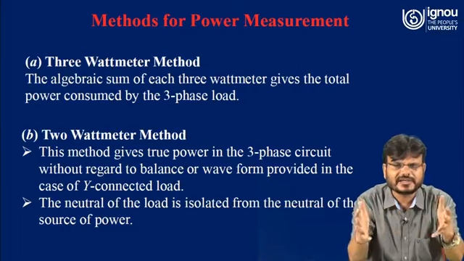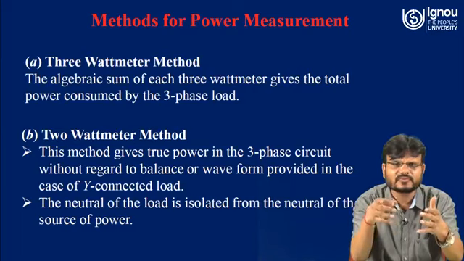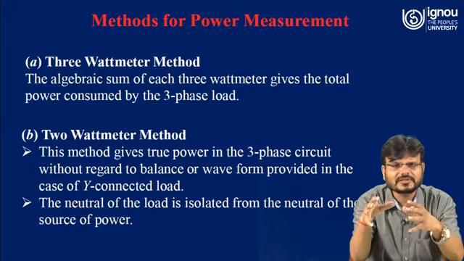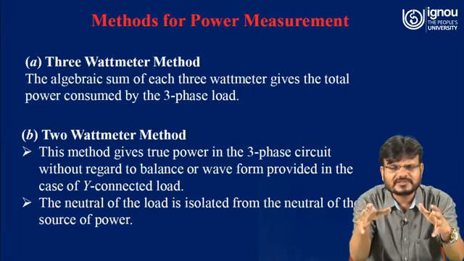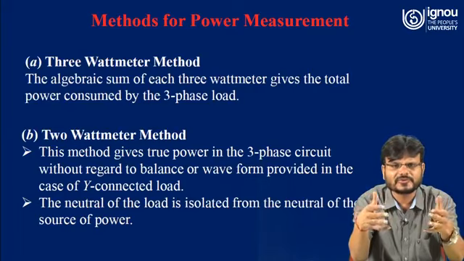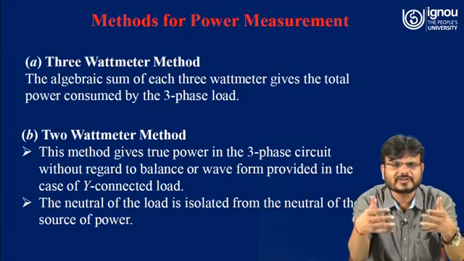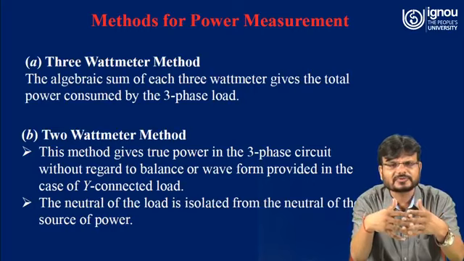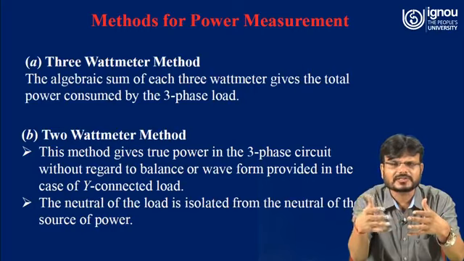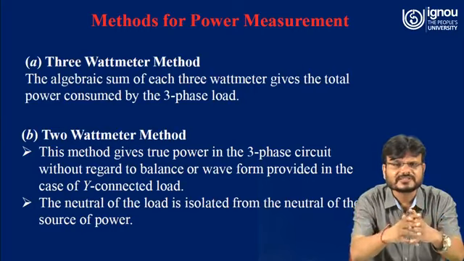There are 3 wires, R, Y and B. You put an individual wattmeter in each phase with respect to the neutral, and you measure the reading of all 3 meters and add them. The algebraic sum of the readings of these 3 wattmeters will give you the power consumed by the three-phase circuit.